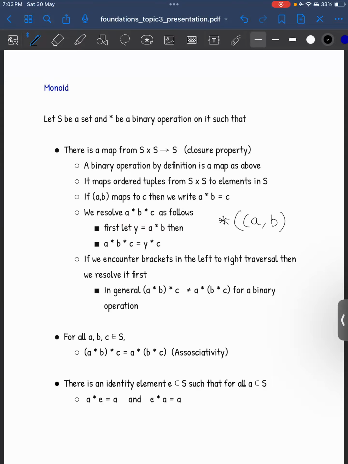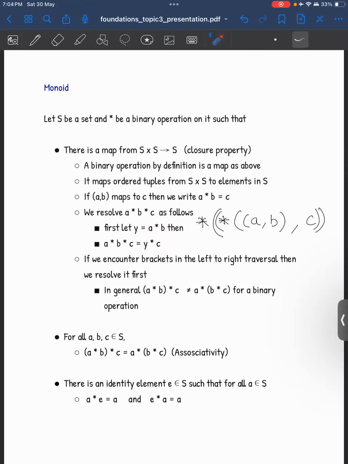So the operation between A and B, and then the result is again operated with C. So it's just function composition where inputs are tuples. So this is essentially equivalent to resolving Y as the result of A star B and then using that to operate with C.